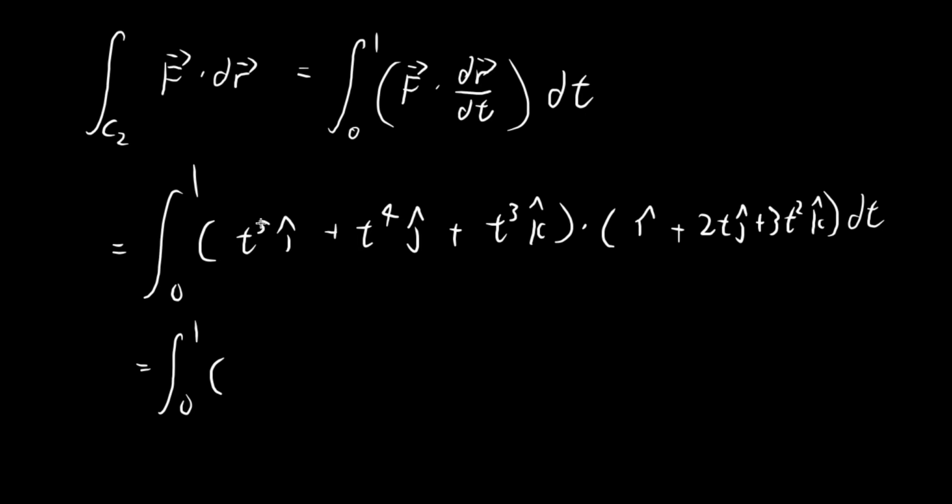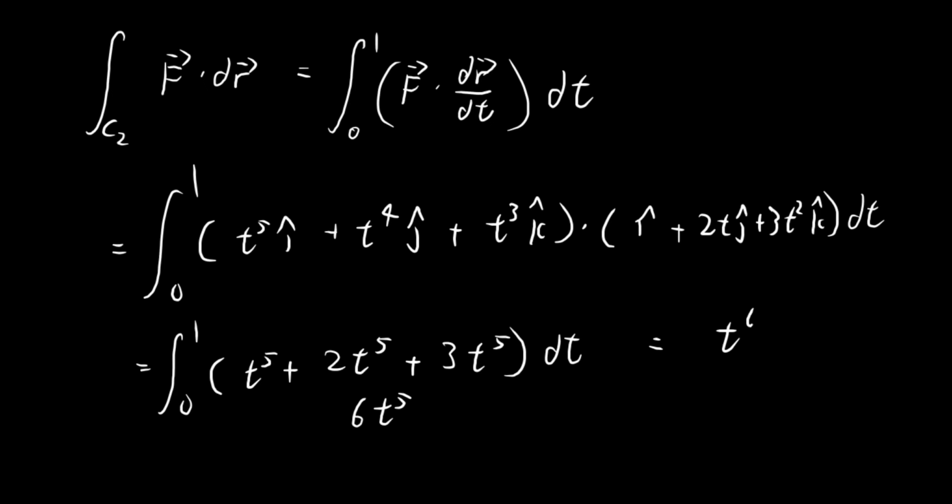We multiply 1 with t to the power of 5, and then we multiply 2t with t to the power of 4, so it becomes 2t to the power of 5. And then we multiply 3t squared with t to the power of 3, so that becomes 3t to the power of 5, dt. You can just add this up, and you'll see that this is just 6t to the power of 5. Integrating this, you get t to the power of 6, evaluated from 0 to 1. And of course, this is just equal to 1.